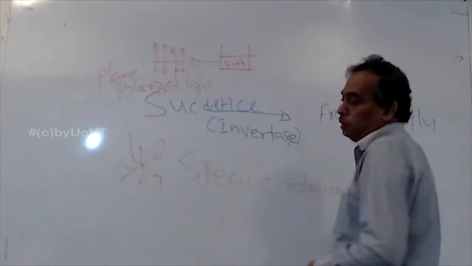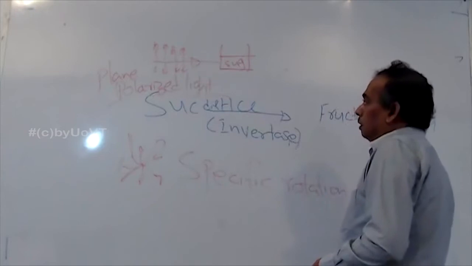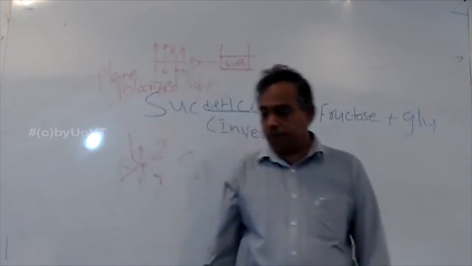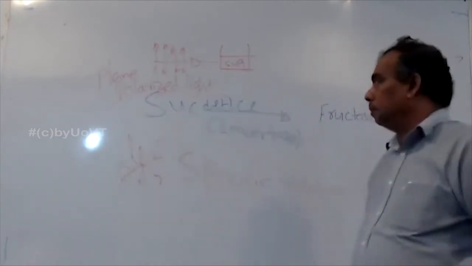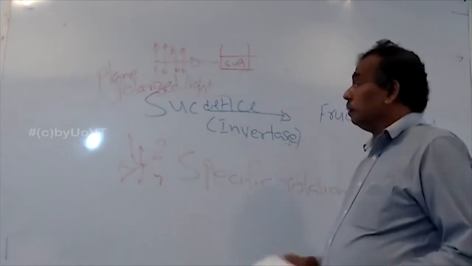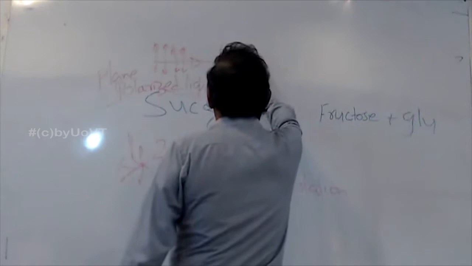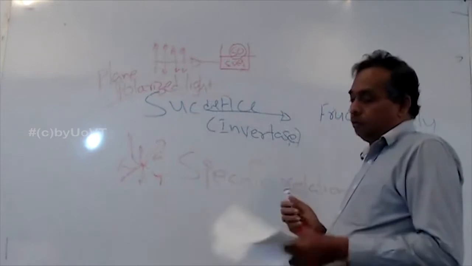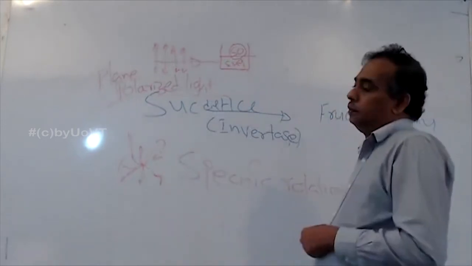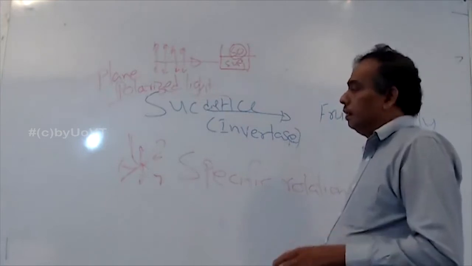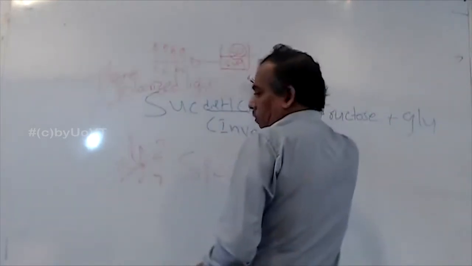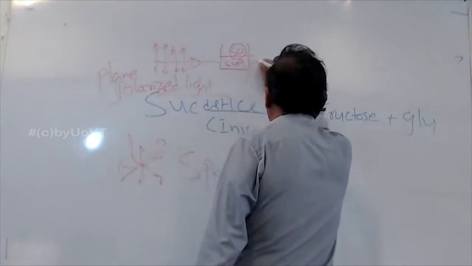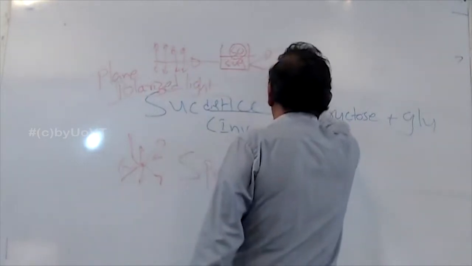Then we are going to expose the sugar solution to the plane polarized light beam. So the sugar solution contains a certain number of molecules. If you assume this sugar solution contains 50 molecules, then after passing through, because of the sugar solution, the direction of the light beam can be changed, either this way or this way.